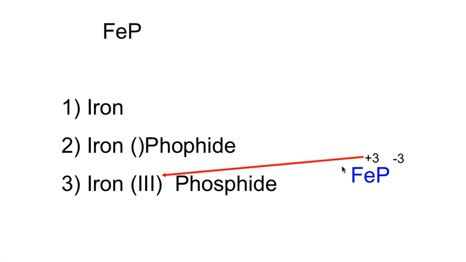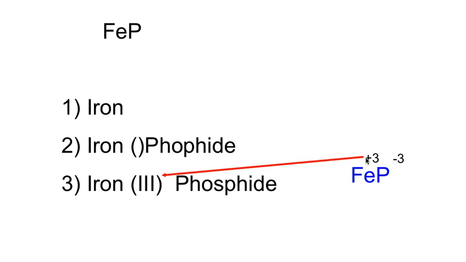Well, if we look here, because there are no numbers written down as subscripts, we have to look at the second element's superscript. Okay? And because we know for sure phosphorus, according to the periodic table, is a -3 charge, therefore we know iron has to be a +3 charge because they cancel out, because we have FeP for a chemical formula.